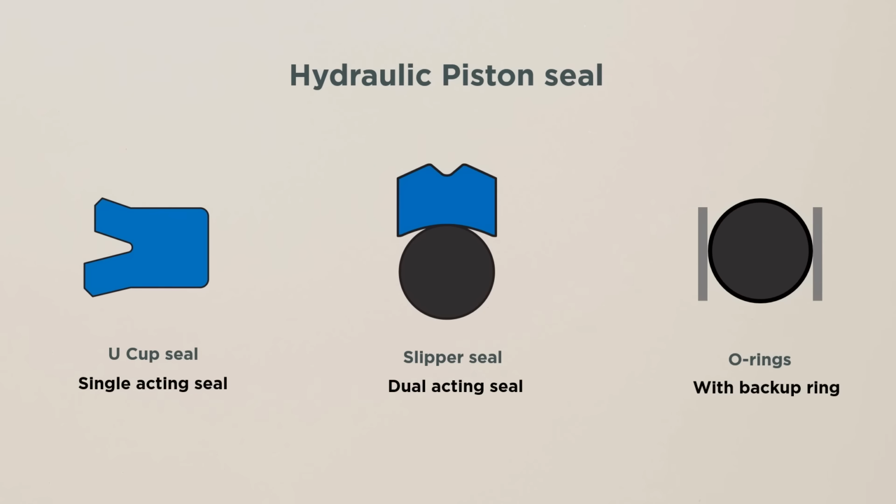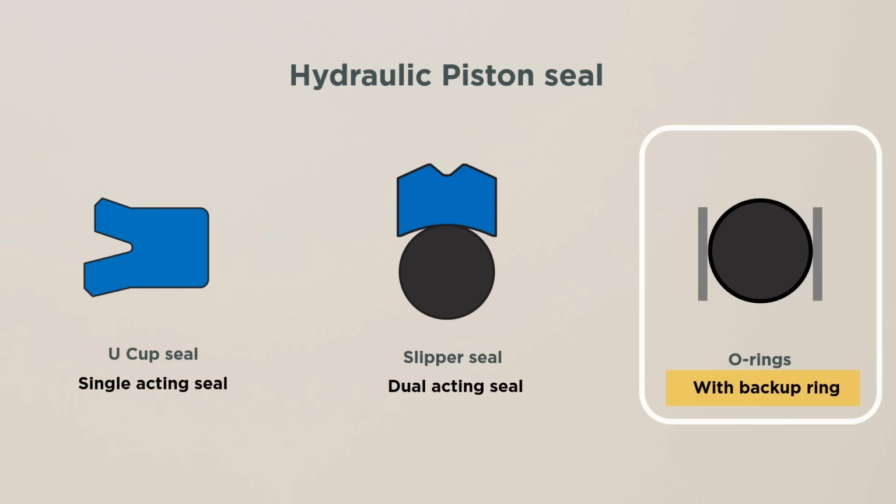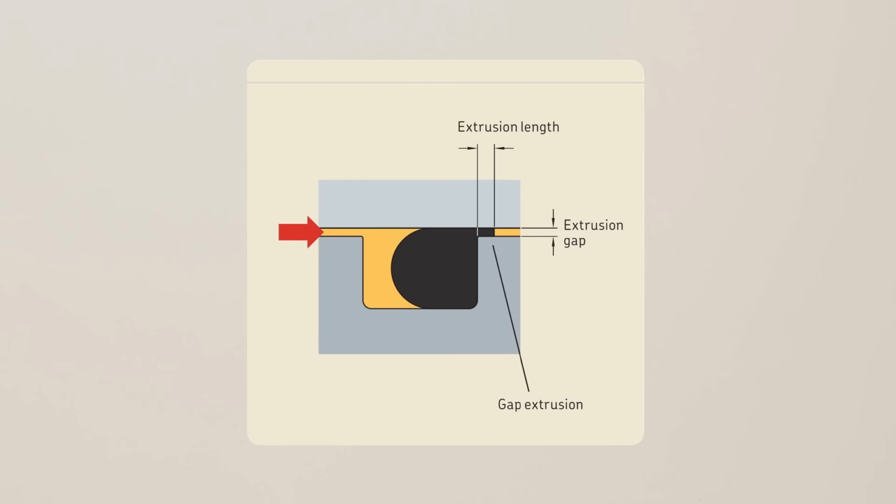Now, the third option we have is using O-rings with backup rings for a working pressure below 100 bar. Now, you might be wondering what the backup ring is and why we use it. So when a seal faces high pressure, the seal's material is forced into the clearance between the piston and the cylinder bore. This process is called seal extrusion, which can permanently damage the seals or reduce their sealing capacity.